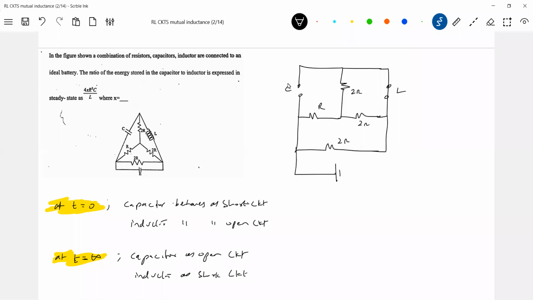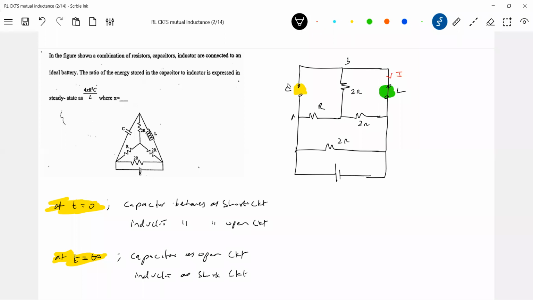And this is the EMF. To calculate the potential drop across AB, it will be the drop across the capacitor. We'll get the steady state charge, and the current flowing through this branch will be the current through the inductor. Able to make it out? That's the simplest idea. Here a capacitor is there, here an inductor is present.